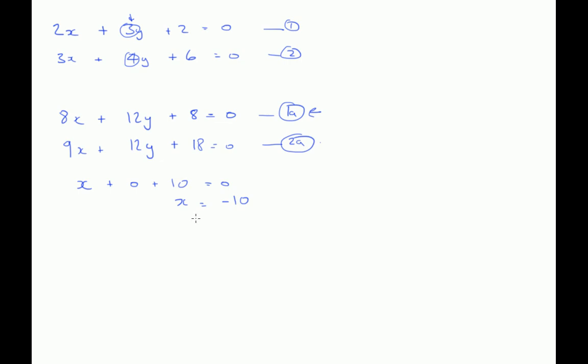Okay, which is the solution, which we now plug back into one of the original equations, and then obtain y. Let's plug that x value into here. 2 10s are 20, plus 3y plus 2 equals 0, so y equals minus 20 minus 2, sorry, 3y equals that.